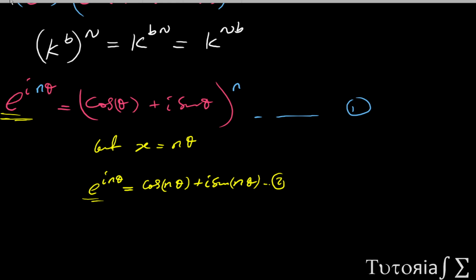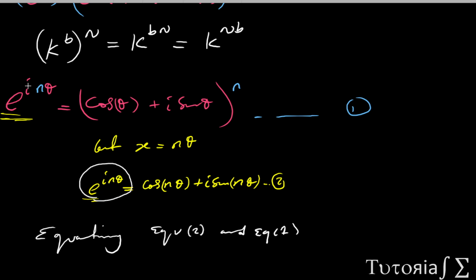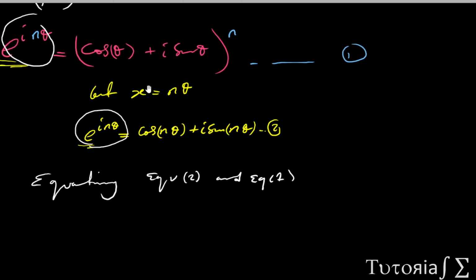So equating equation 2 and 1, what we're going to have is what we call de Moivre's theorem.